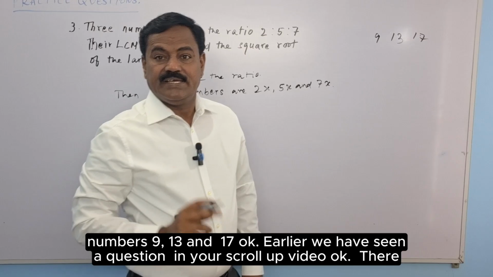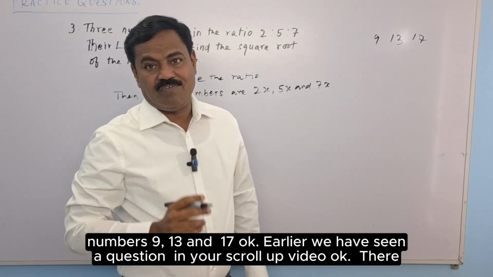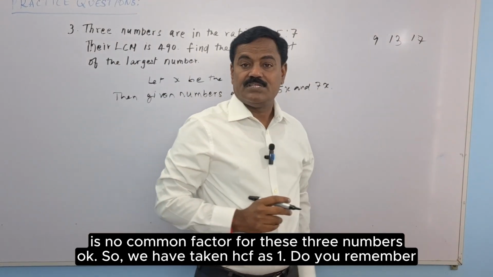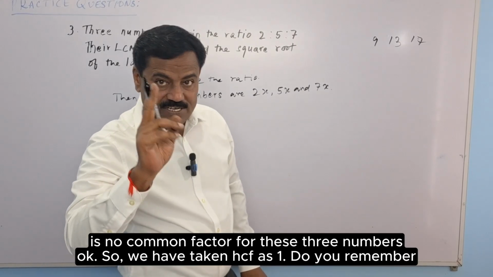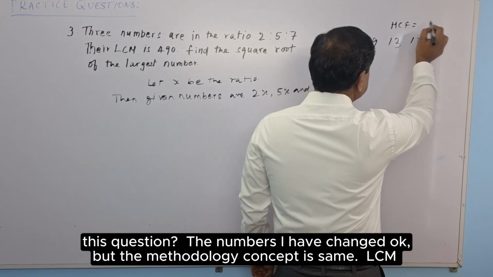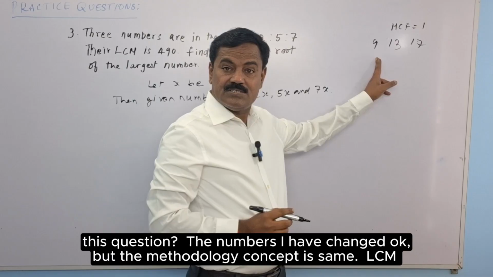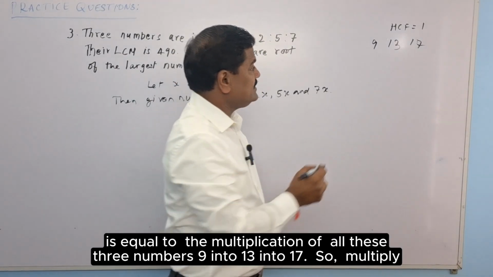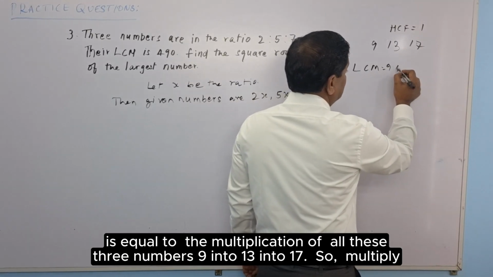Earlier we have seen a question in your scroll up video. There is no common factor for these 3 numbers, so we have taken HCF as 1. Do you remember this question? The numbers I have changed, but the methodology, concept is the same. LCM is equal to the multiplication of all these 3 numbers.